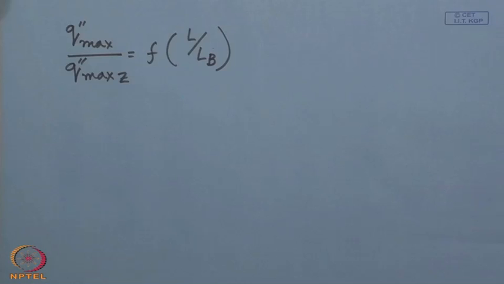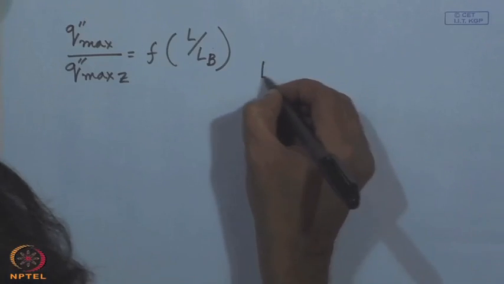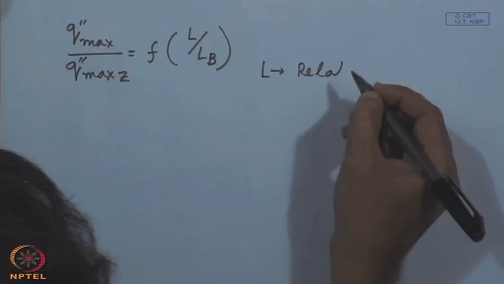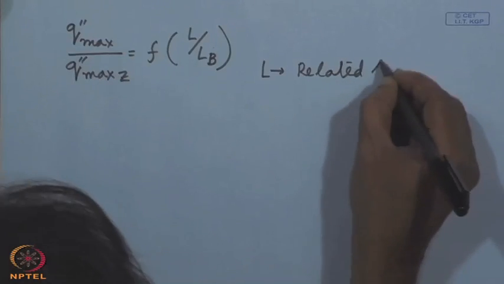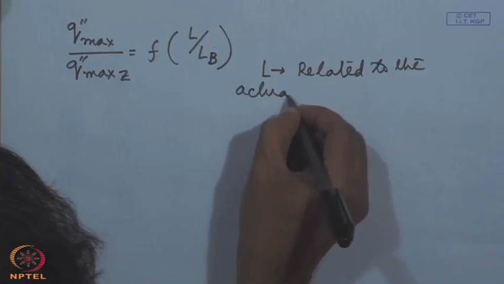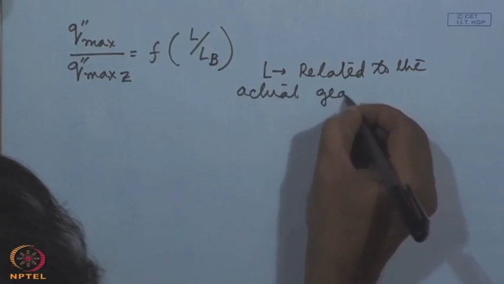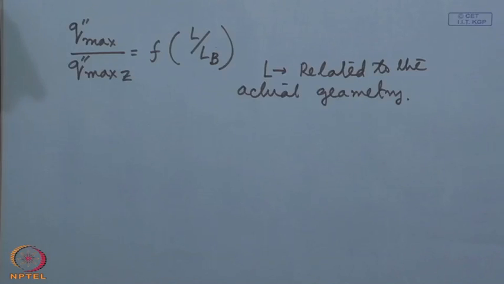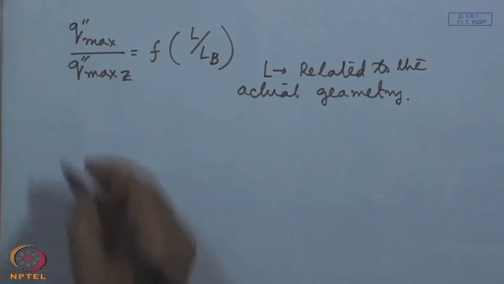of L by LB, where L is a length scale which is related to the actual geometry.